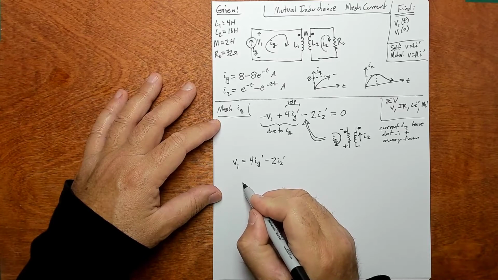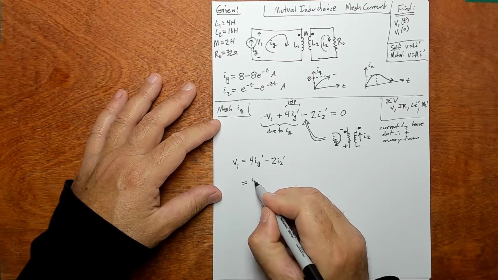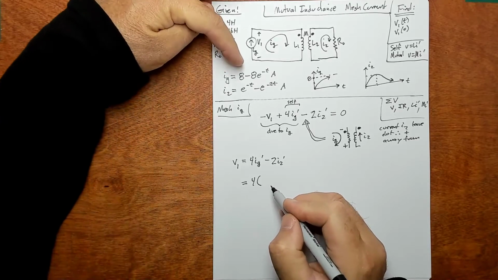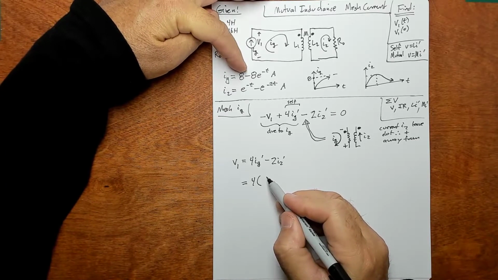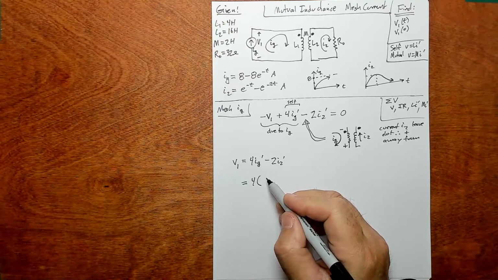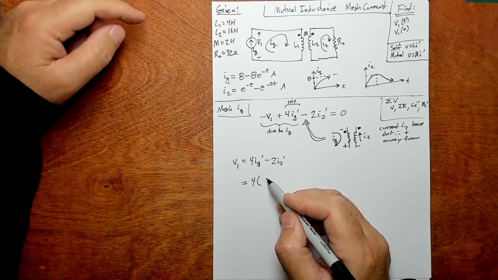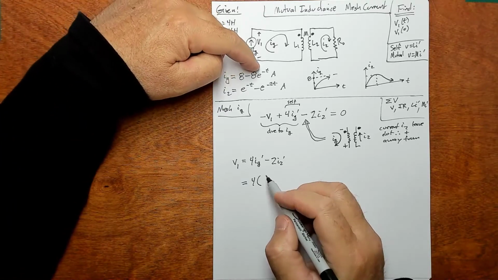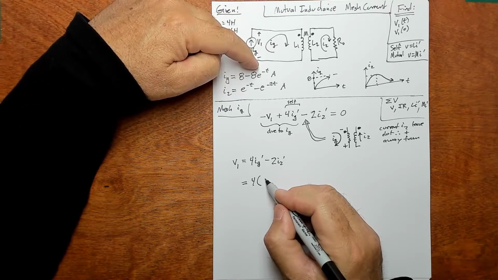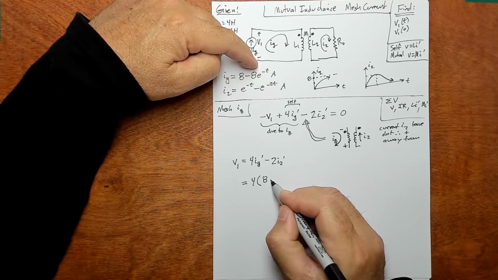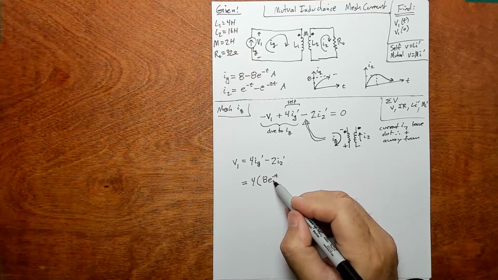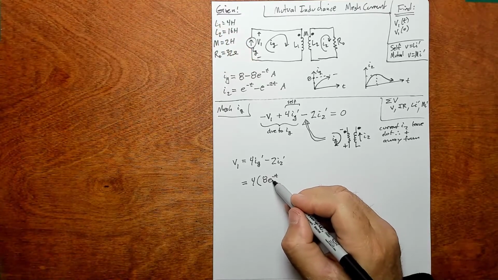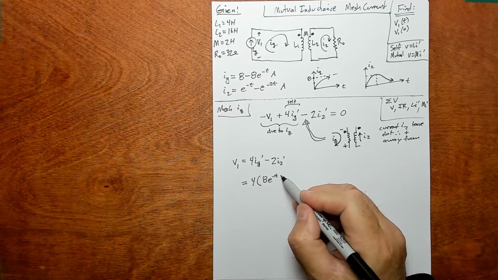So this guy here is 4, and the derivative of Ig is what? Well, the 8 goes away, and then the minus 8e to the minus t becomes 8e to the minus t, the indestructible e to the t. You can take the derivative forever, and it never goes away.